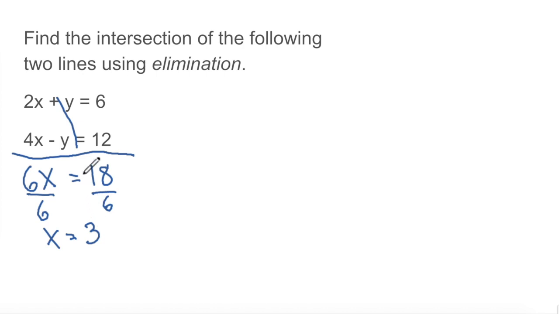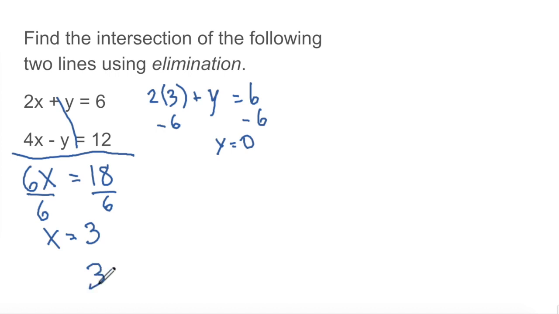So x equals 3, and then we have to take this x equals 3 and plug it back into one of our equations to figure out what y is. So let's see, 2 times 3 plus y equals 6. 2 times 3 is 6, so we're going to subtract 6 from both sides. y equals 0.